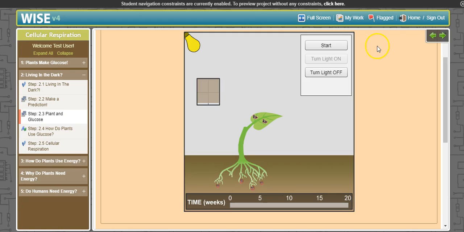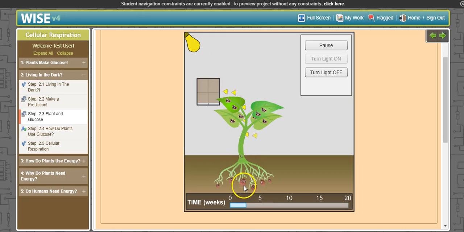But you have practice with that with this simulation, where you start the light and the light's on. Now you can see that the light's shining on the plant. Glucose is being created. It's stored in the leaves.